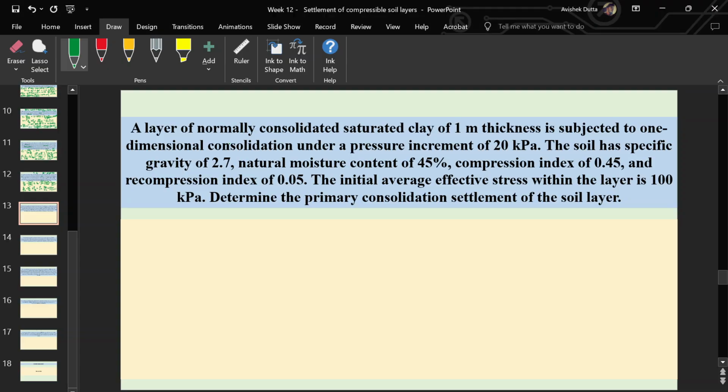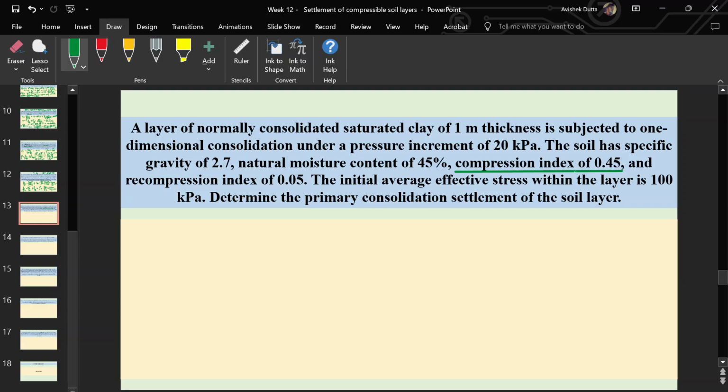Yes, a layer of normally consolidated saturated clay of 1 meter thickness. Initial effective average primary consolidation settlement of the layer. Okay. So I'll first see here we have the value of Cc, the compression index.